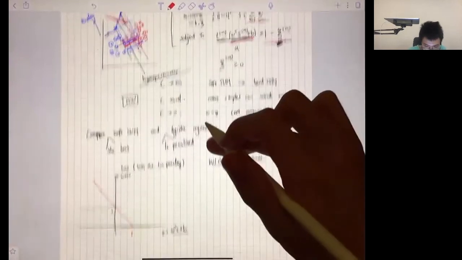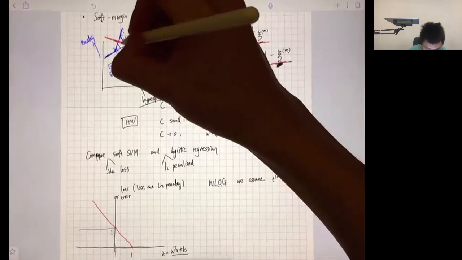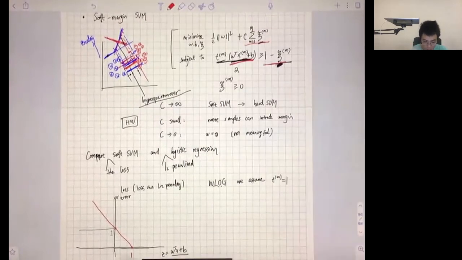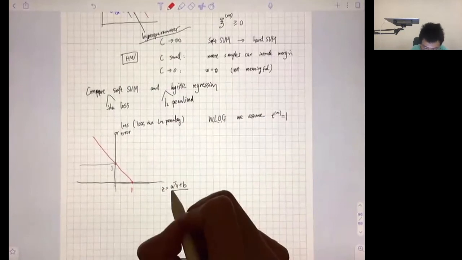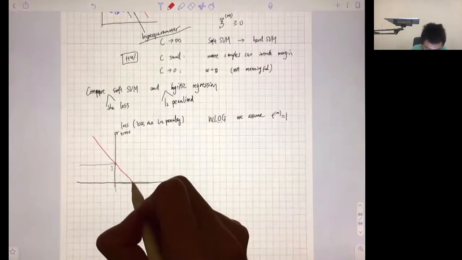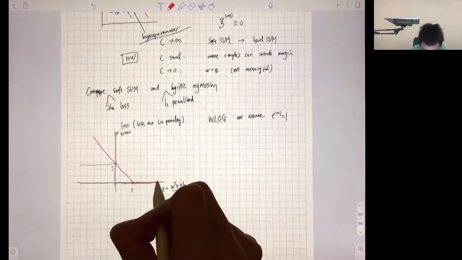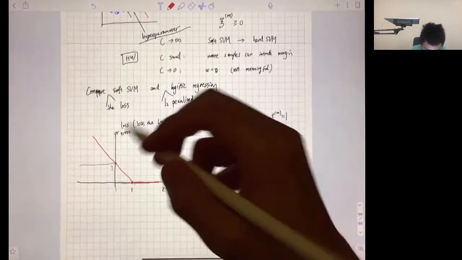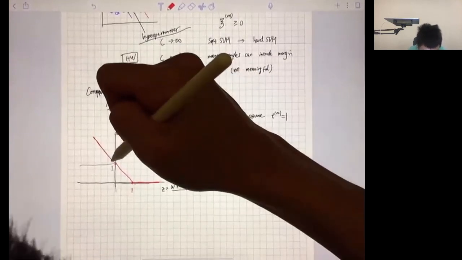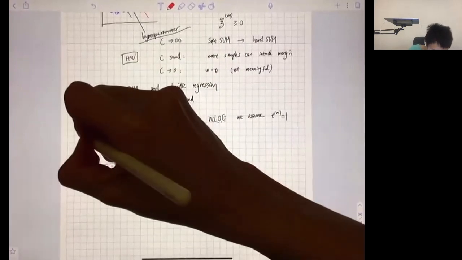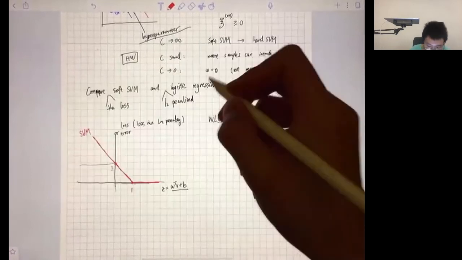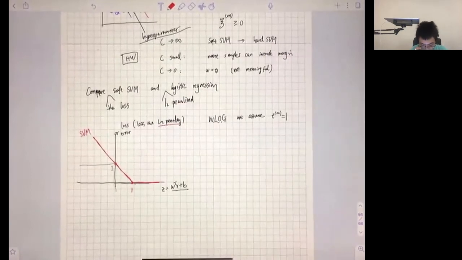It's similar to here, but you need to flip it. But if your W transpose X plus B is greater than or equal to 1, then you are good. You have no penalty, no loss, okay? So this is my loss of SVM, excluding the L2 penalty.